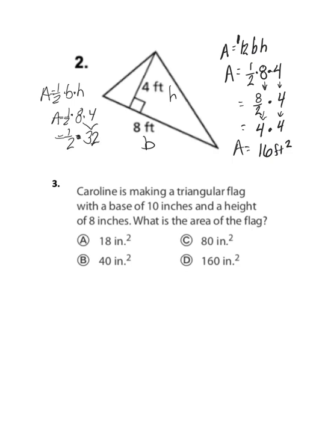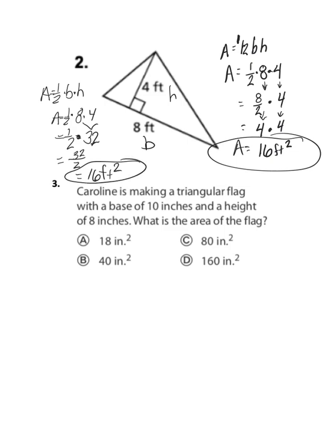Okay, and then you would have to take 32 divided by 2, or multiply by 1/2, which is indeed 16 feet squared. So either way you choose to do it, you still come up with the area equals 16 feet squared.